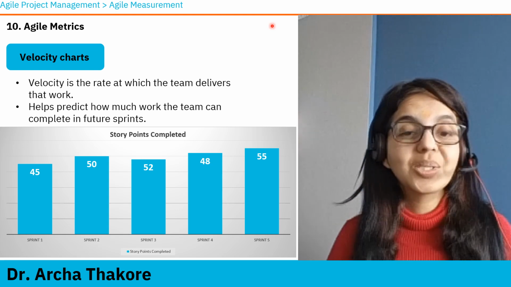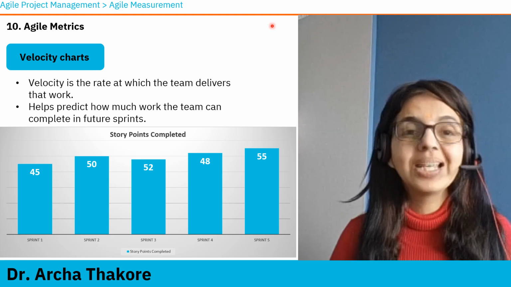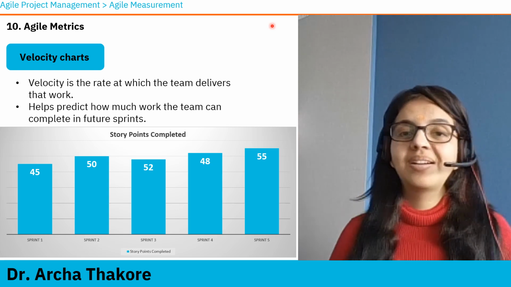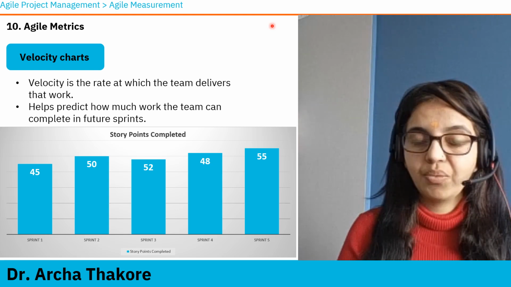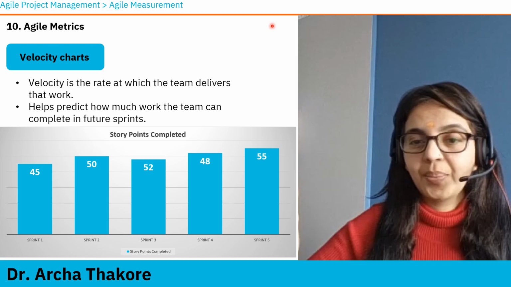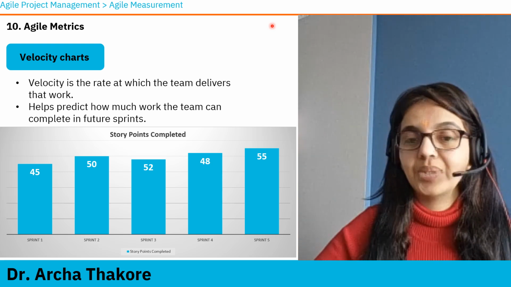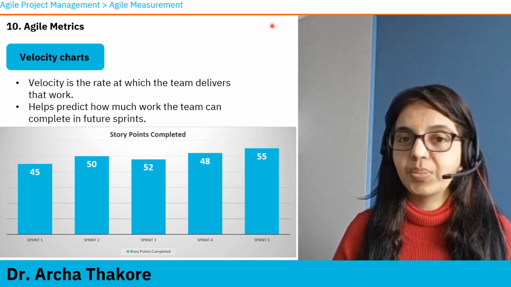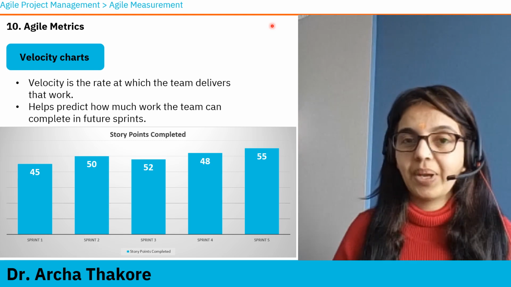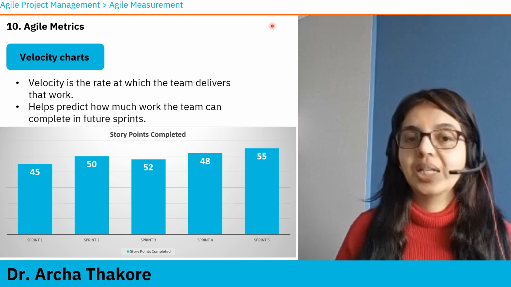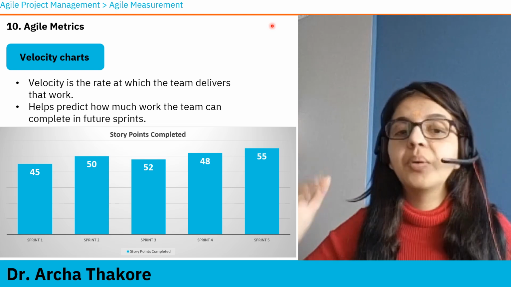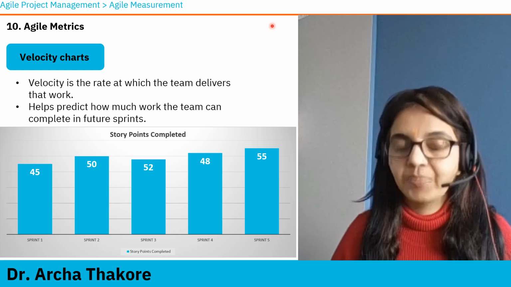So how many sprints will the team need to complete those 500 story points? That calculation is simple. The velocity is 50, the team needs to complete 500 story points, so 500 divided by 50, the team will need 10 more sprints. This way, agile teams can predict when the work will be completed.